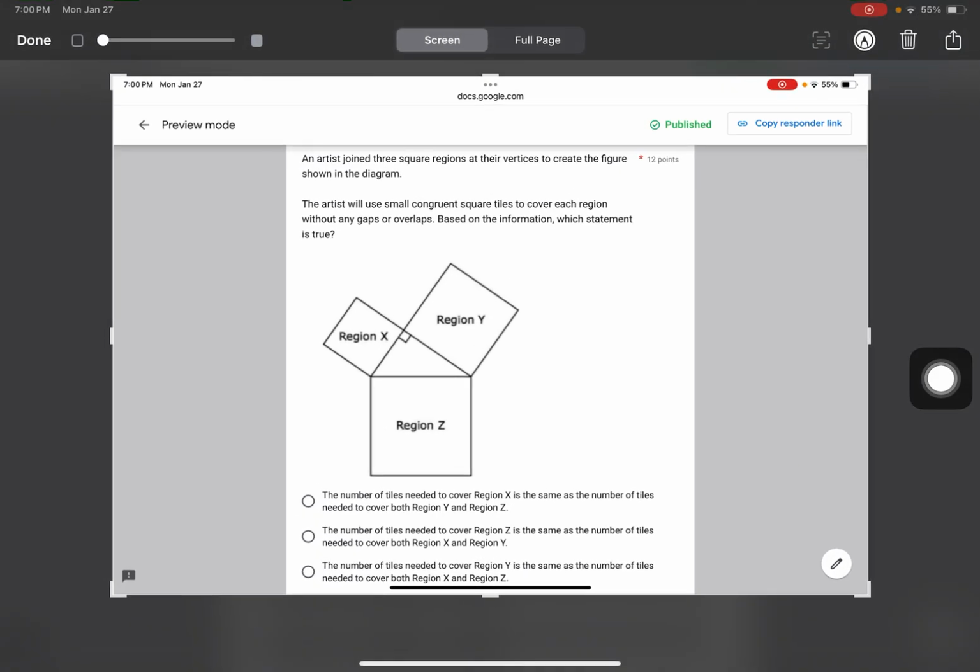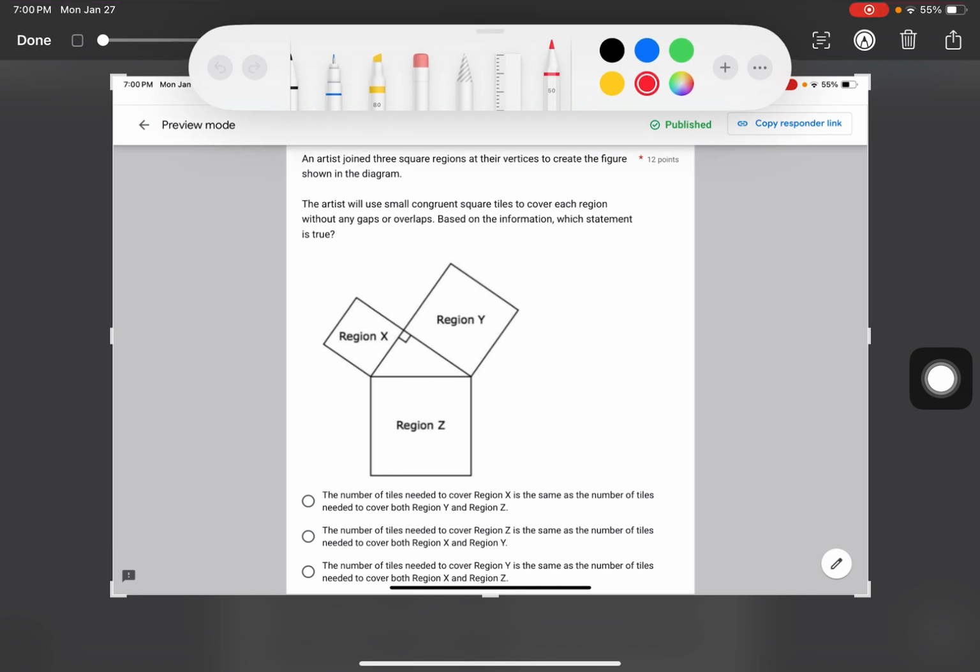Okay, so the Pythagorean theorem is a squared plus b squared equals c squared. Now, c is always across from the right angle, the hypotenuse.